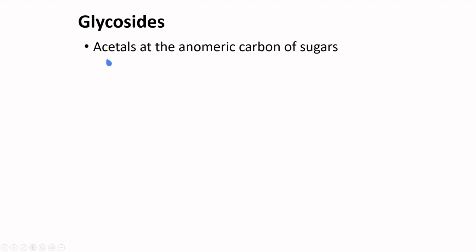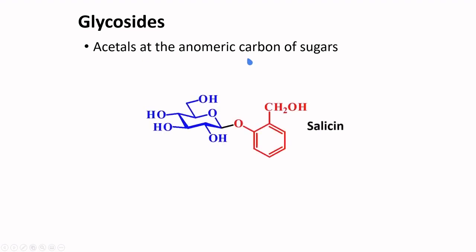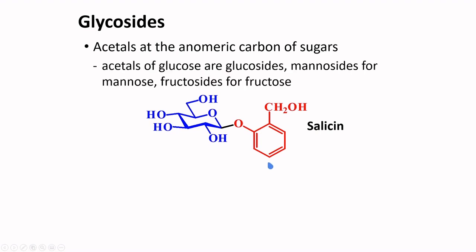Glycosides are abundant in nature. These are acetals at the anomeric carbon of sugars. One example is the natural product salicin. This is an acetal of glucose, so we can call this a glucoside. Acetals of mannose are called mannosides, and acetals of fructose are called fructosides.